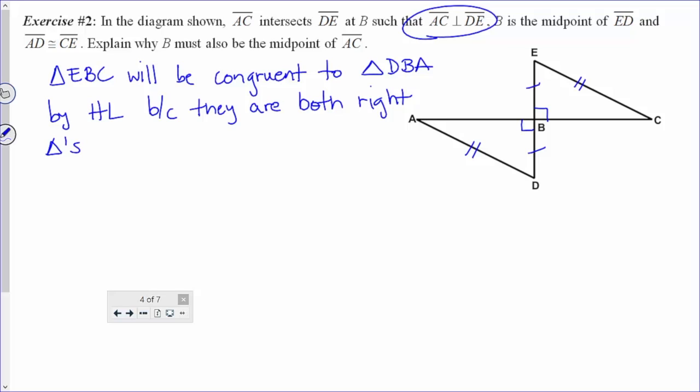Never use hypotenuse leg unless you know you have right triangles. They're both right triangles. Their hypotenuses are congruent.